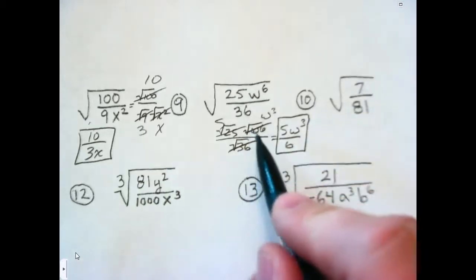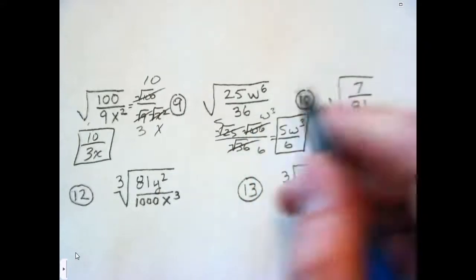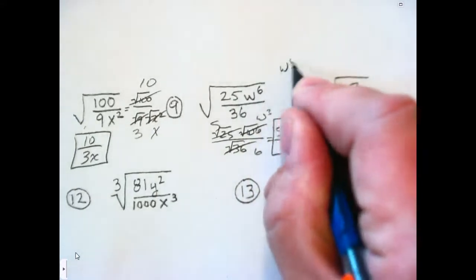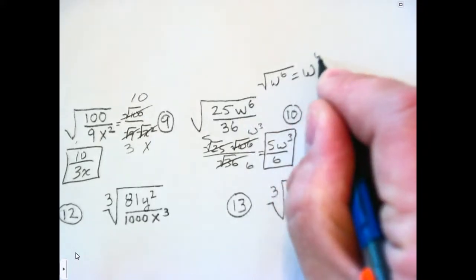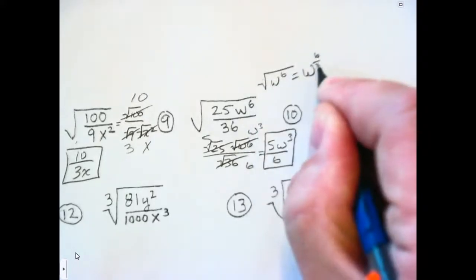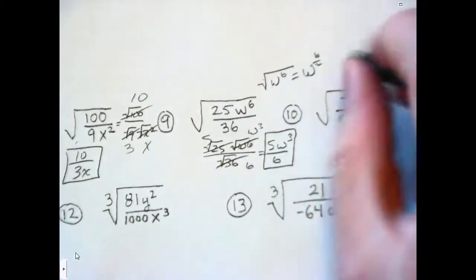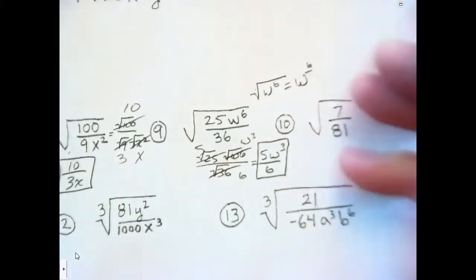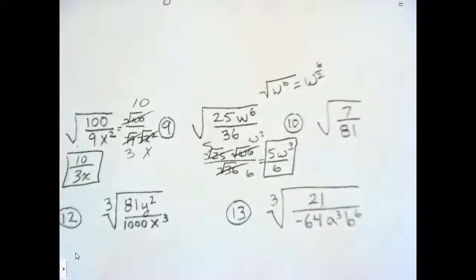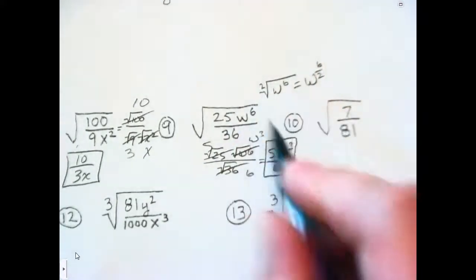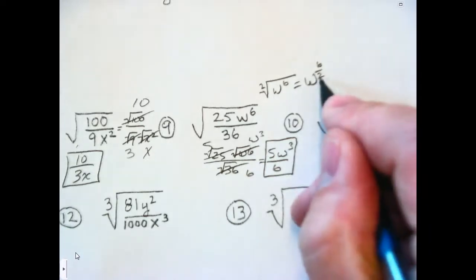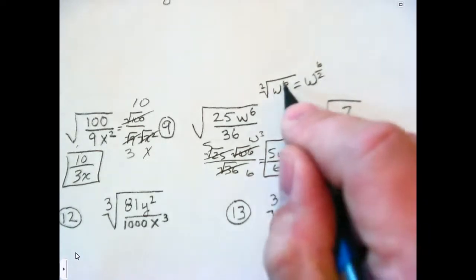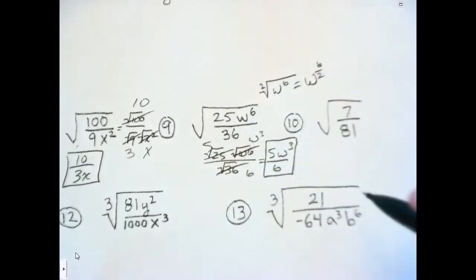You're taking the square root of w to the 6th. The square root of w to the 6th is the same thing as w to the 6 over 2. You're dividing by the 2. Those are the same thing. Whatever your index is can become the bottom of a fraction on your power, and whatever you're raising this to can be the top of your fraction.